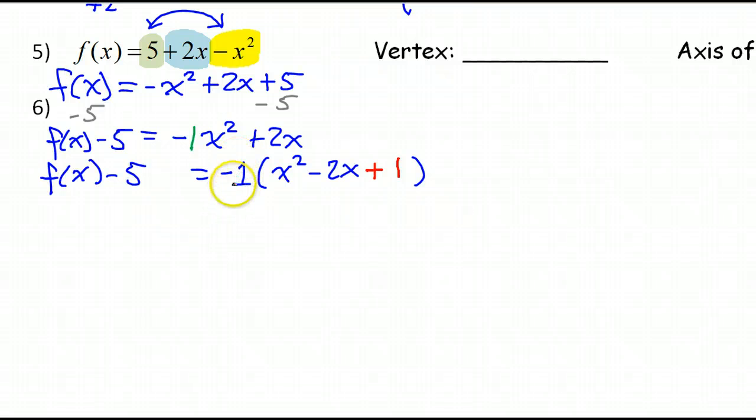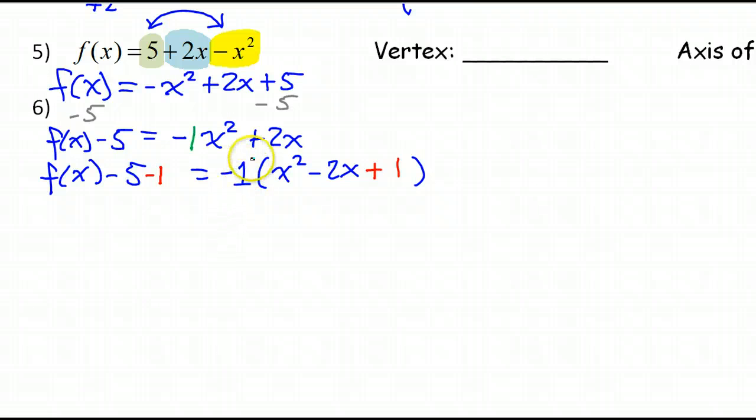Again, we have a multiplier happening. So it looks like we added a 1. But if I did the distributive property, I'd wind up doing negative 1 times 1. So I would get a negative 1. So this is really a minus 1 that I put over here. So I'm going to need a minus 1 to balance that out.